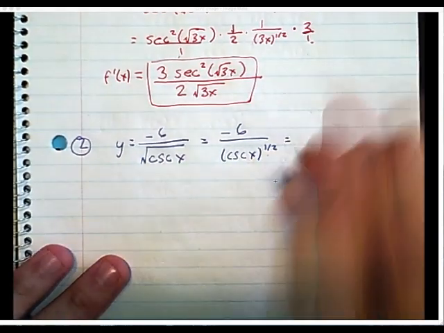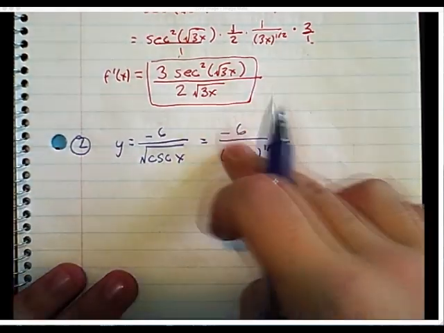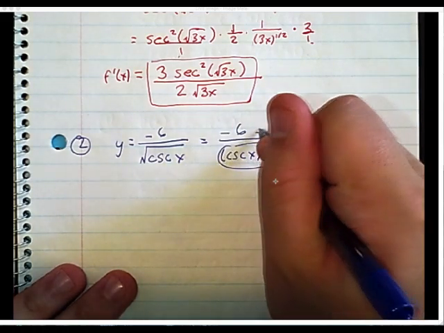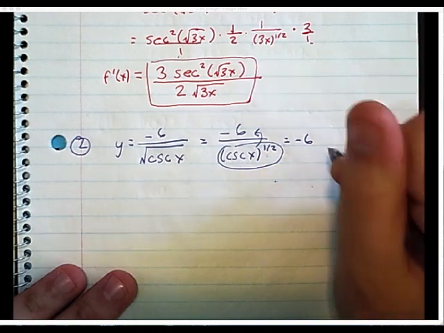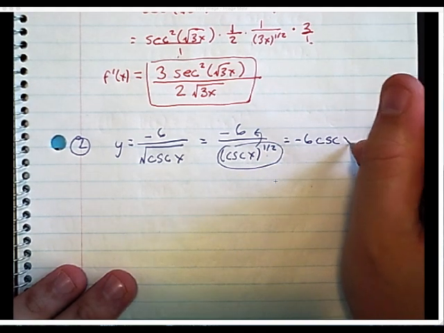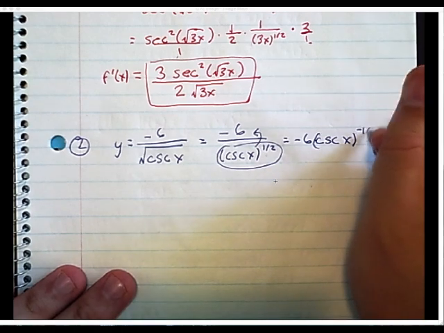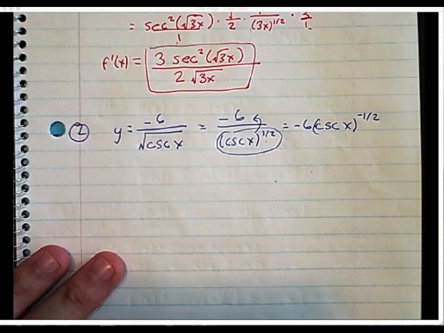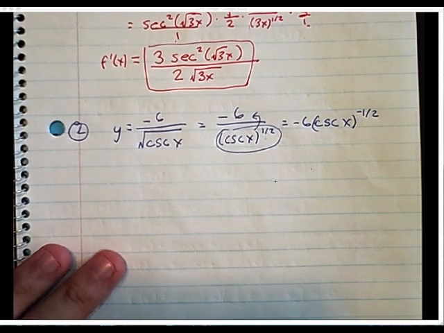And then for simplifying, we could do quotient rule here if we wanted to, but let's take this thing and move it up to the top. So let's do -6 times the cosecant of x to the negative 1/2 power.